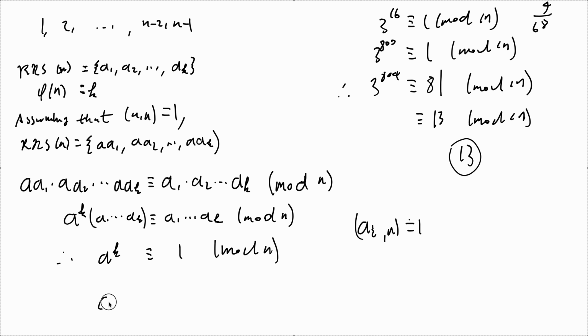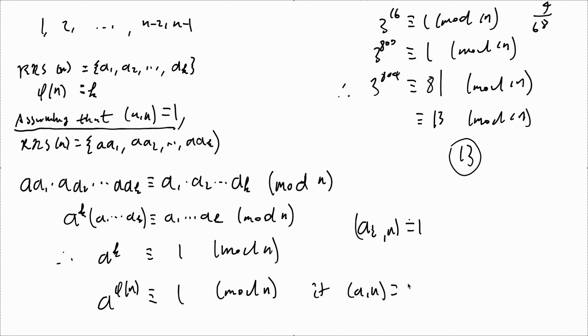That was phi of n. So a to the power of phi of n is congruent to 1 mod n, assuming that a and n are co-prime. We need to include this condition because we use that to prove the theorem. So we just proved it.